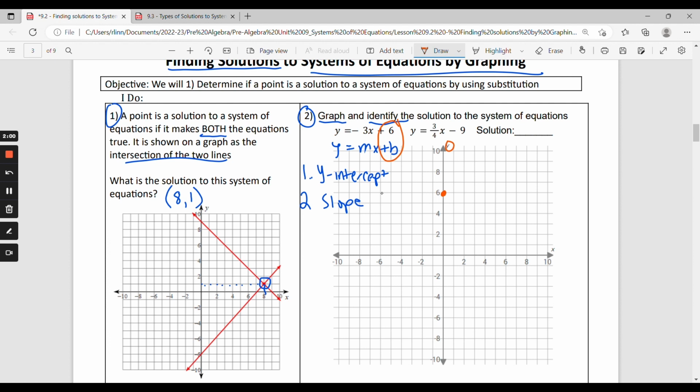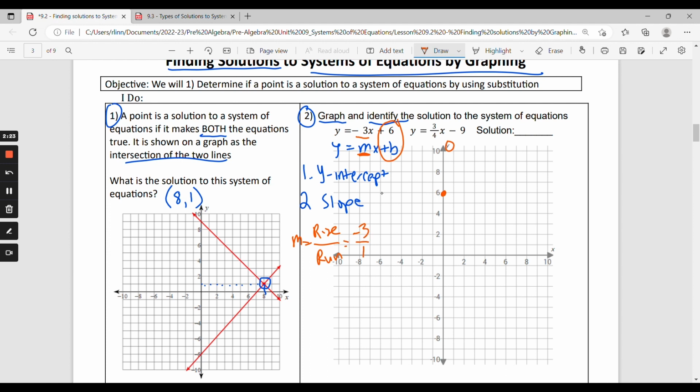Now the next thing that I need to do is I need to use my slope. I know that slope is represented by the m value, which means that my slope is negative 3. Now I remember that slope is equal to rise over run, which means that I need to convert this to a fraction. So negative 3 converted into a fraction, we're going to put that over 1.